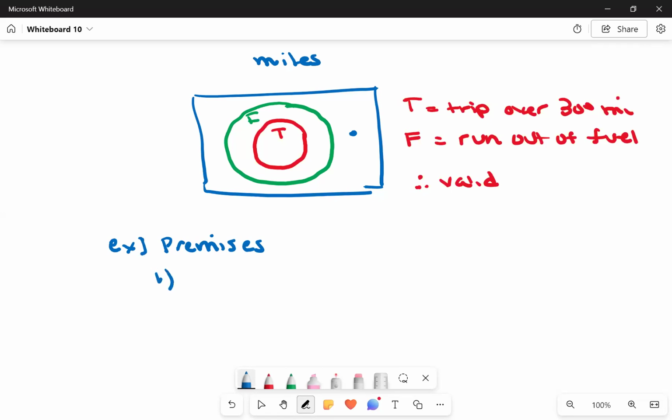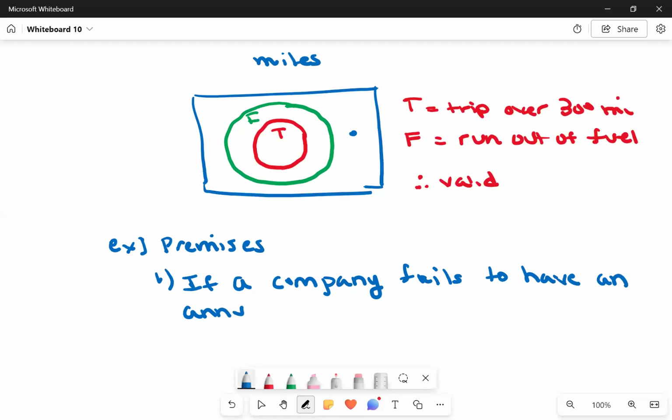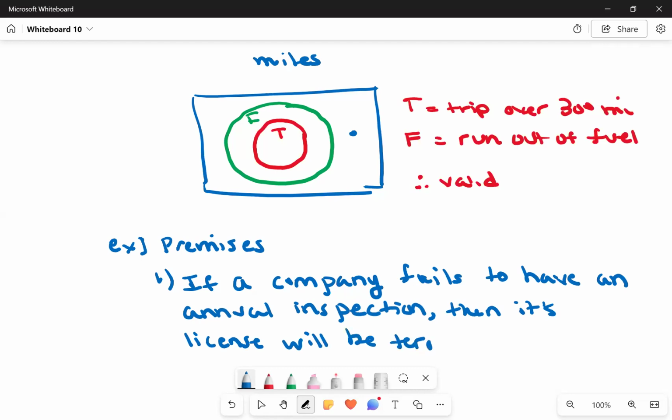If a company fails to have an annual inspection, then its license will be terminated. All right. That's the first premise.